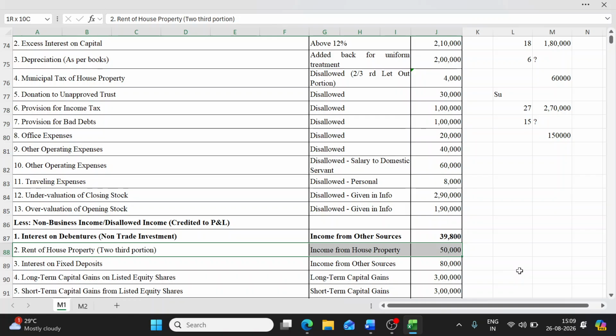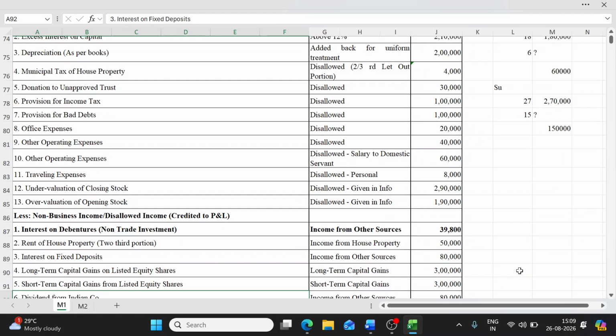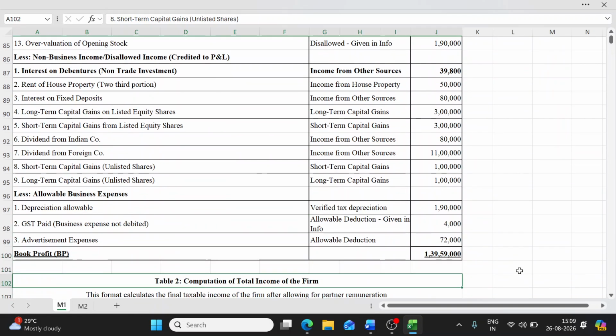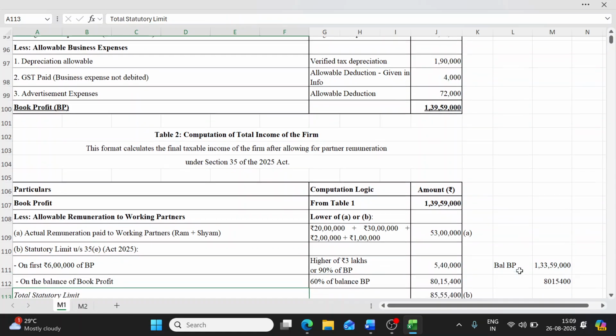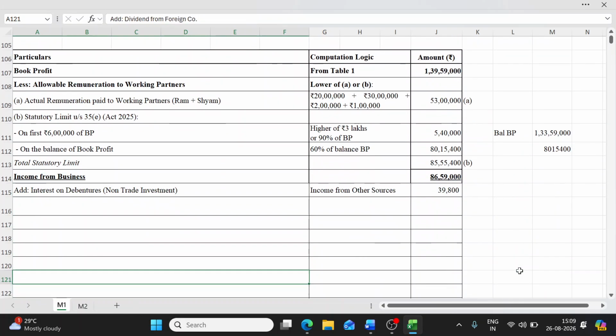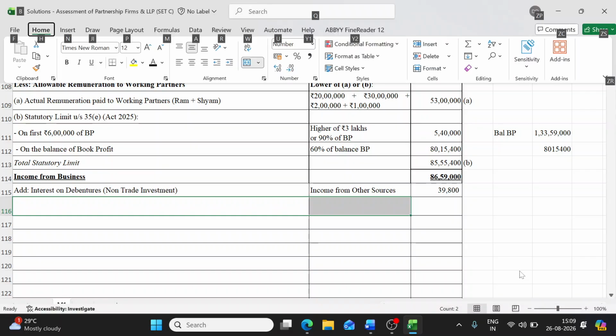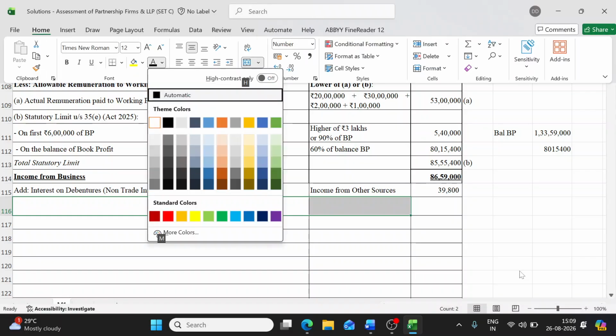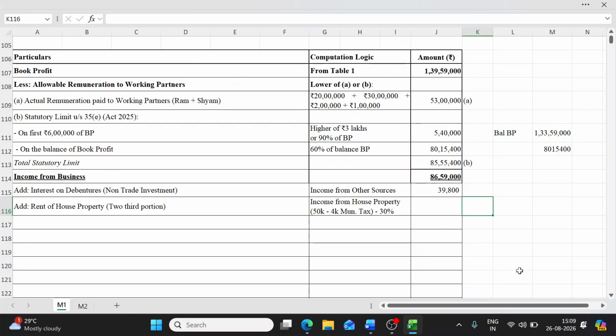So 50,000 is the gross income from the house property, but it is not the net income. From 50,000 we will first deduct 4,000, and after deducting 4,000, we will also charge the general deduction of 30%. So what to do?